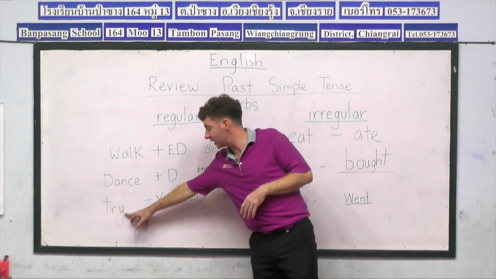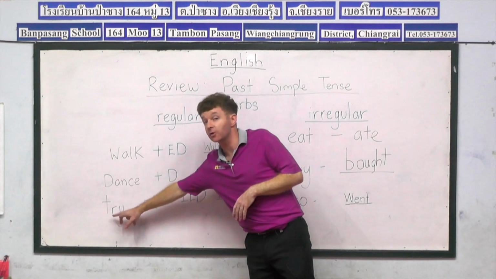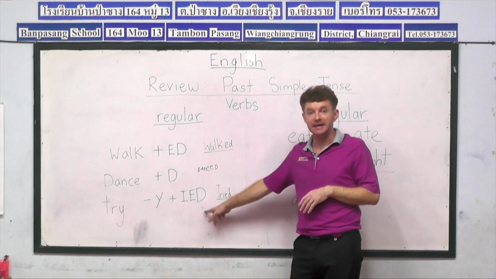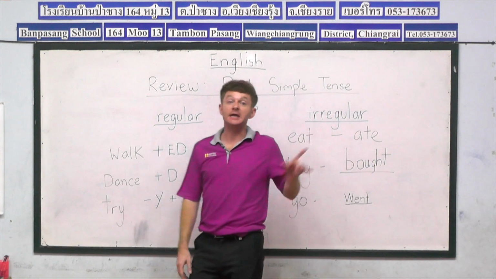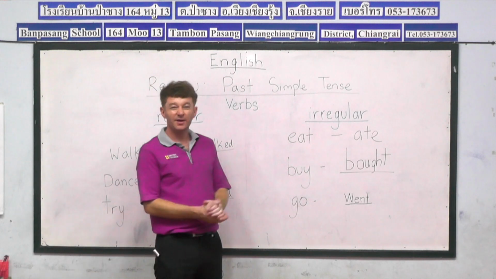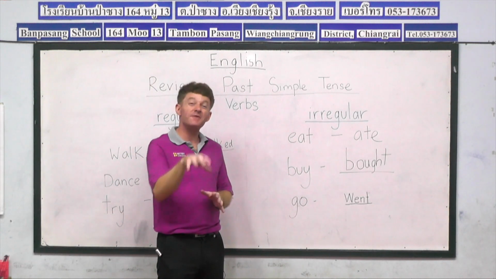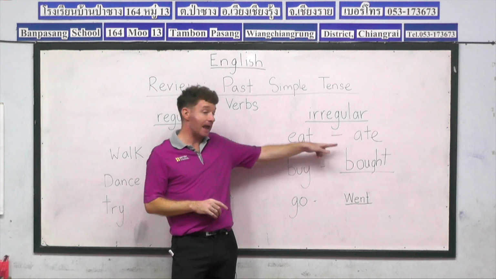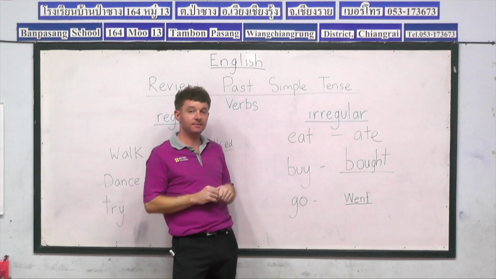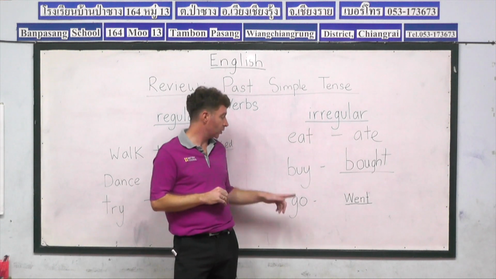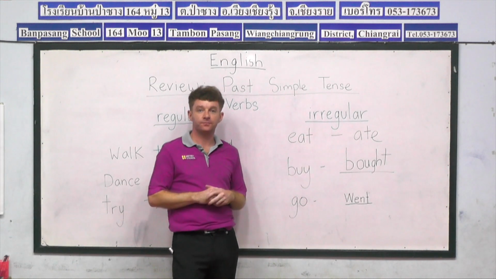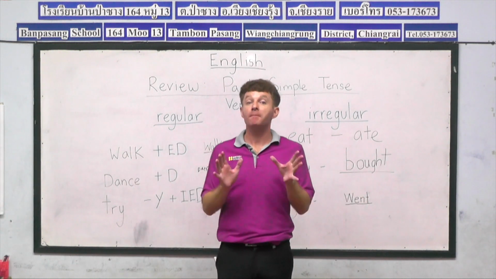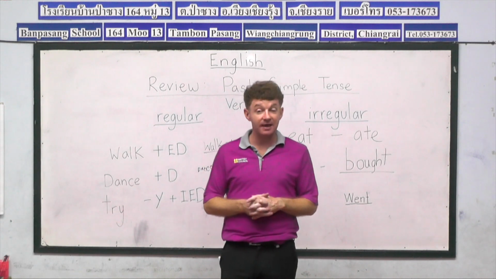If we have y as the final letter and it's not a vowel before the y, delete the y plus ied. And then irregular verbs. Now these, no rules. We just have to remember how to write and spell them. Eat, ate. Buy, bought. Go, went. And that shows a review of our regular and irregular past tense verbs. Guys, that was excellent. Very well done.